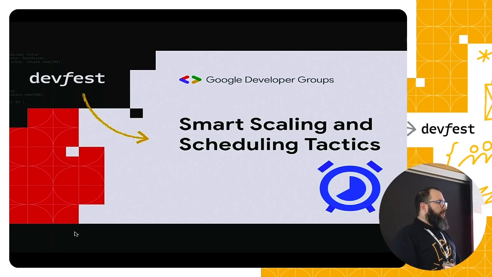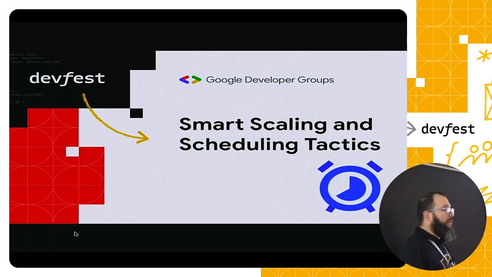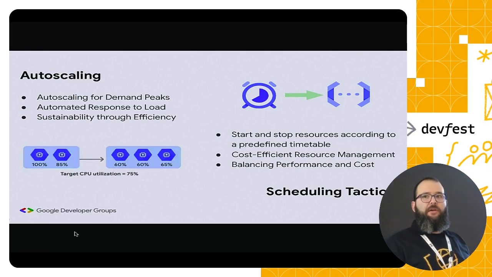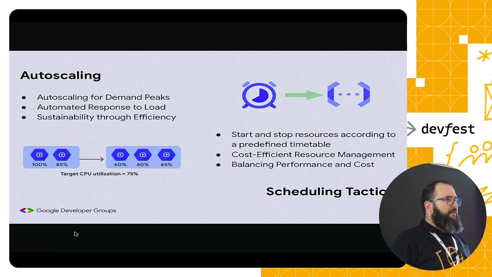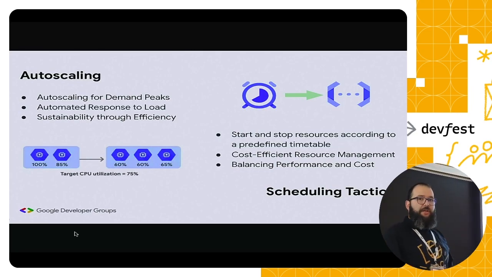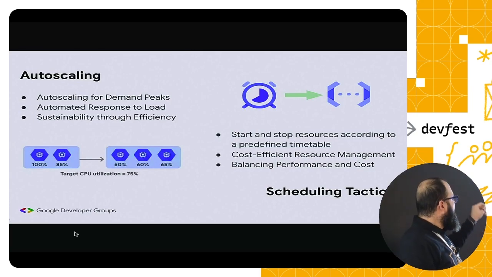I cannot be 24/7 going up and down with resources just to make sure that everything is optimized. So that's where smart scaling and scheduling tactics come into play. We have to remember that we have everything on the cloud, and we have managed services, and everything that is there is ephemeral. Even though it seems that it's not, it's ephemeral. So there are resources that are already there to help us do that. Specifically in GCP, but like I said, we have these kinds of things on Azure and on AWS.